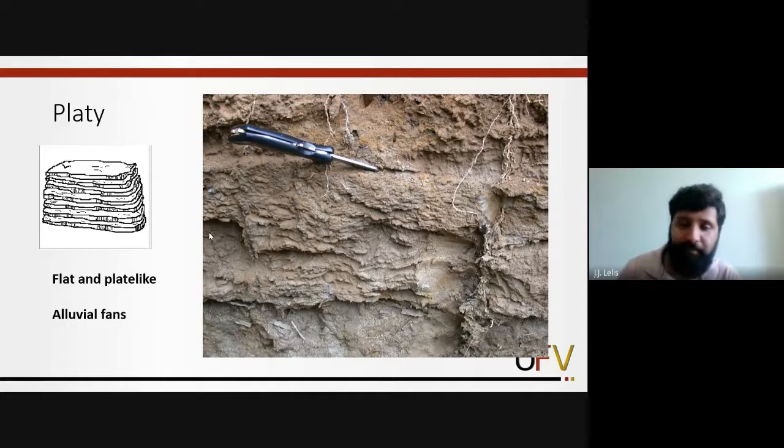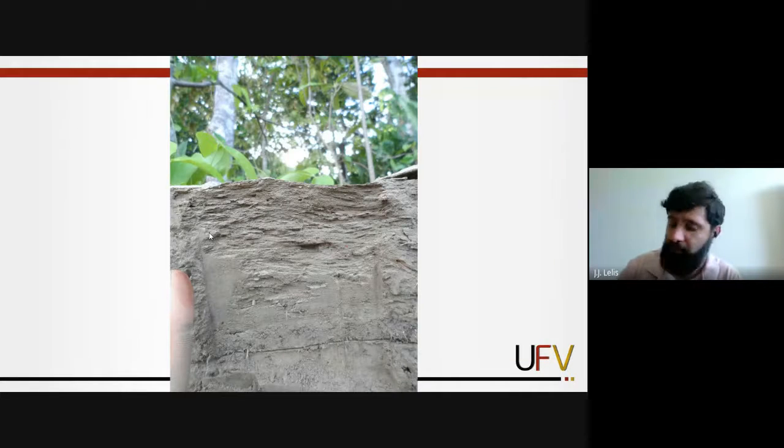Okay. This picture is in the Amazon River, and we can see in the soils that are very close to the river that we have a lot of peds. They just present this kind of elongated structure like this. Okay.